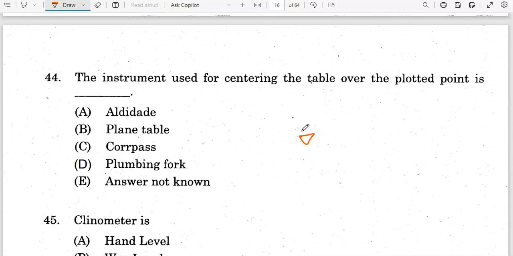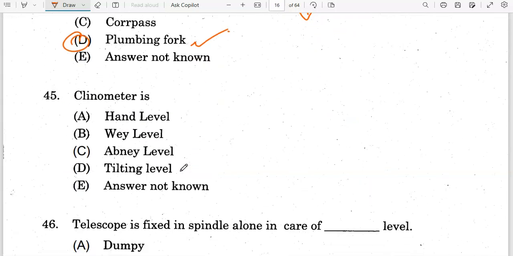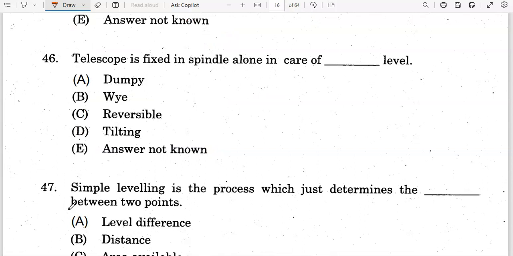The instrument used for centering the table over the plotted point is known as plumbing fork. Option D. Clinometer is an Abney level. Option C is the correct answer. Next question, the telescope is fixed in a spindle alone in a case of dumpy level.